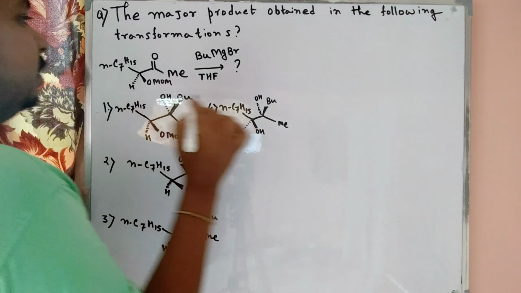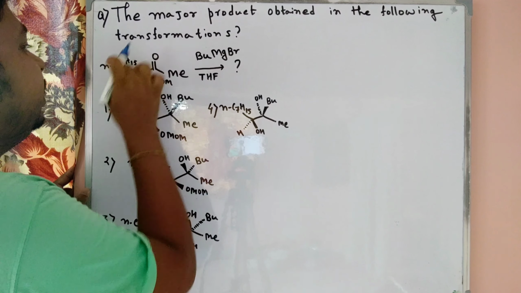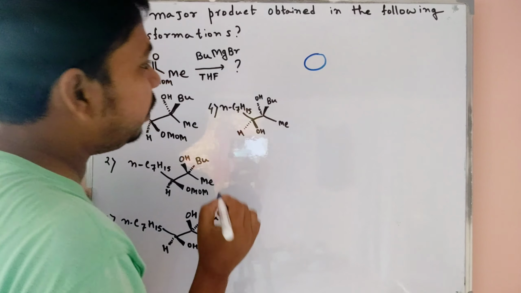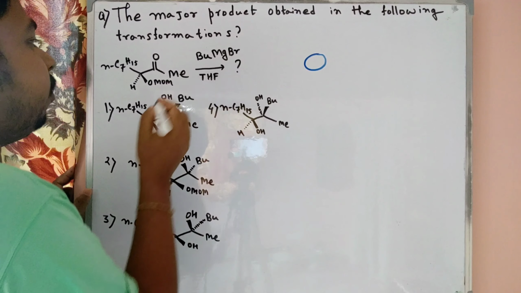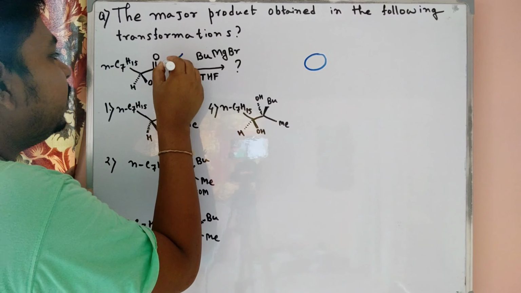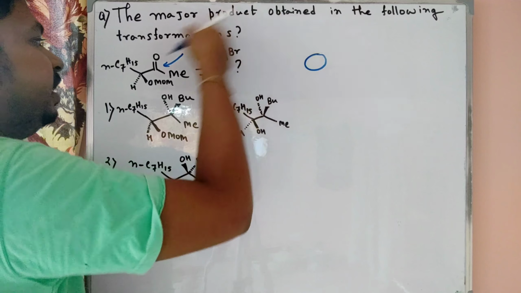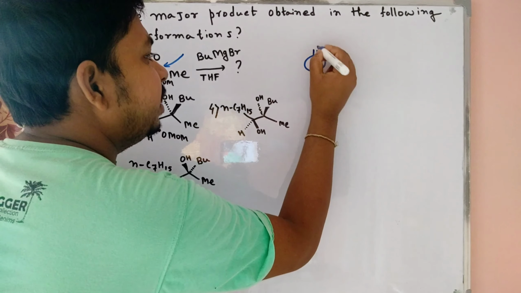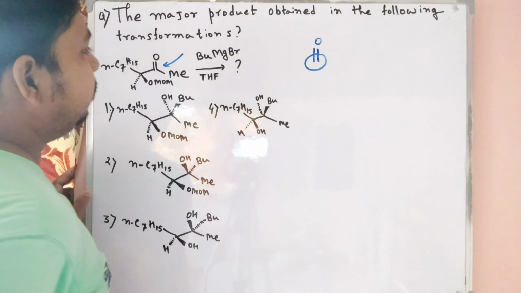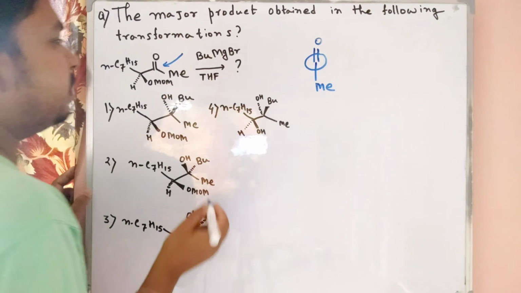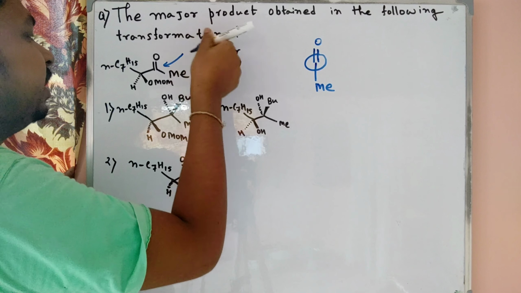At first we convert this molecule into a Newman projection formula. In the Newman projection, our point of view is on this side. Our front carbon, we can easily say, has the carbonyl here and this methyl group here, because we view from this side.